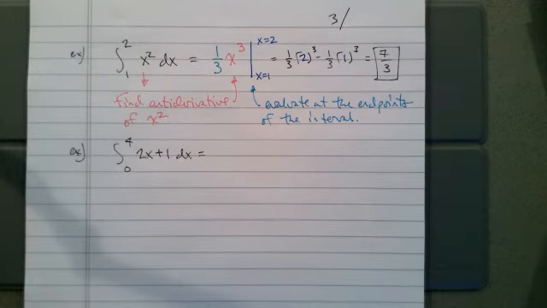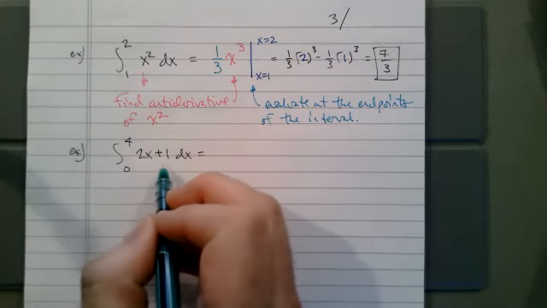Our strategy is to find an antiderivative, then plug in the endpoints. That's the way we're going to phrase this moving forward. That's the way I've said this for a long time, and I'm not going to be able to break that habit. Find the antiderivative, plug in the endpoints.